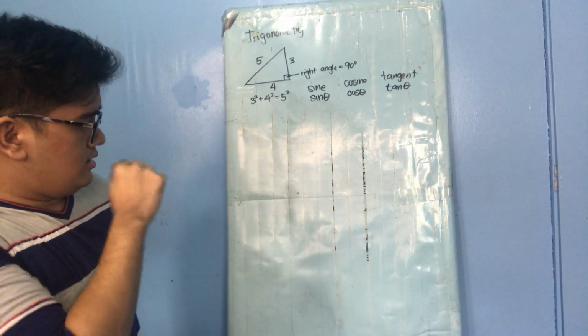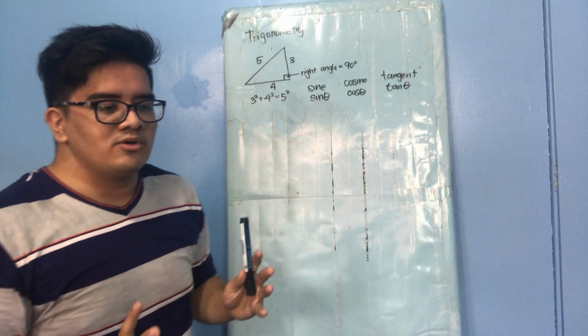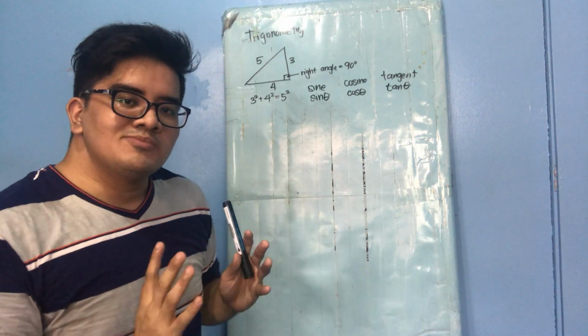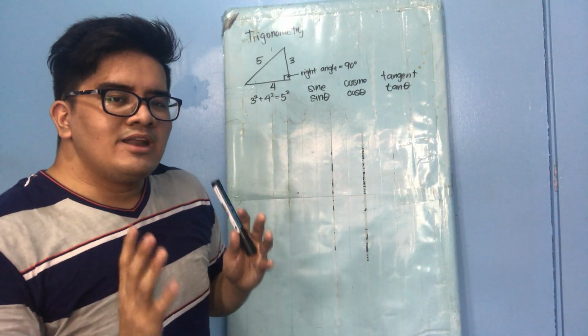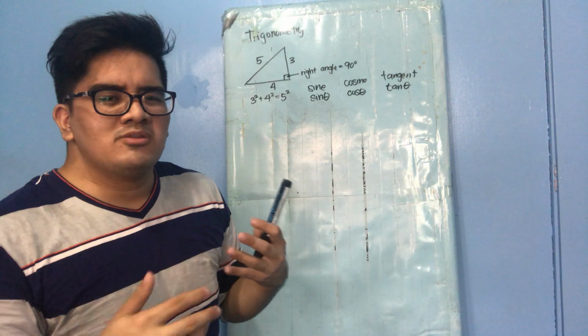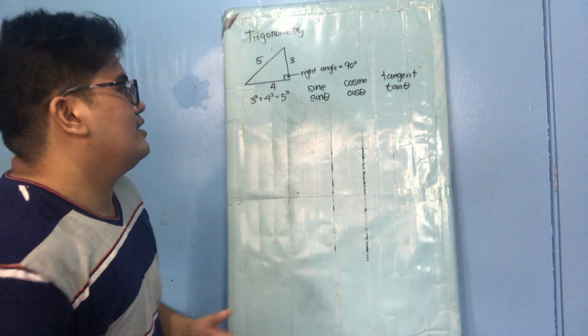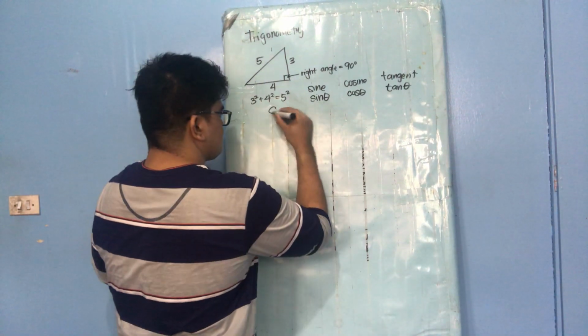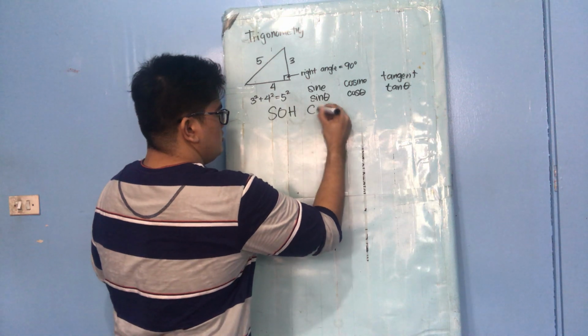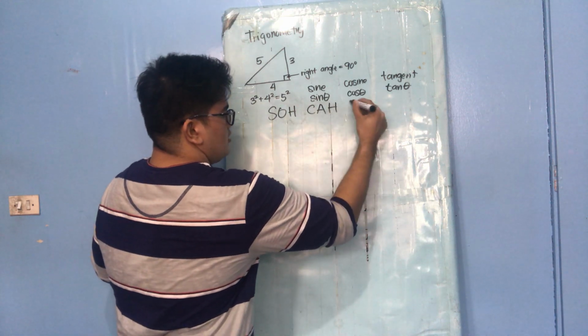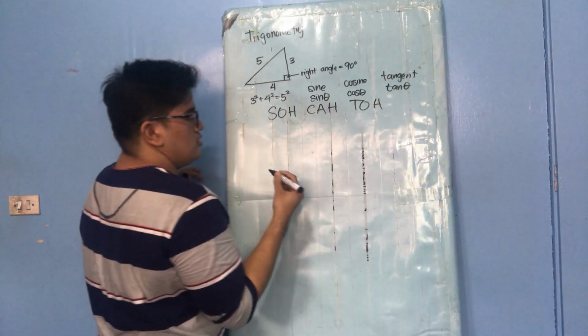Now, to help us remember the definition of these specific functions, we write out a mnemonic. A mnemonic is something to remember the definitions by. And we write SOHCAHTOA.